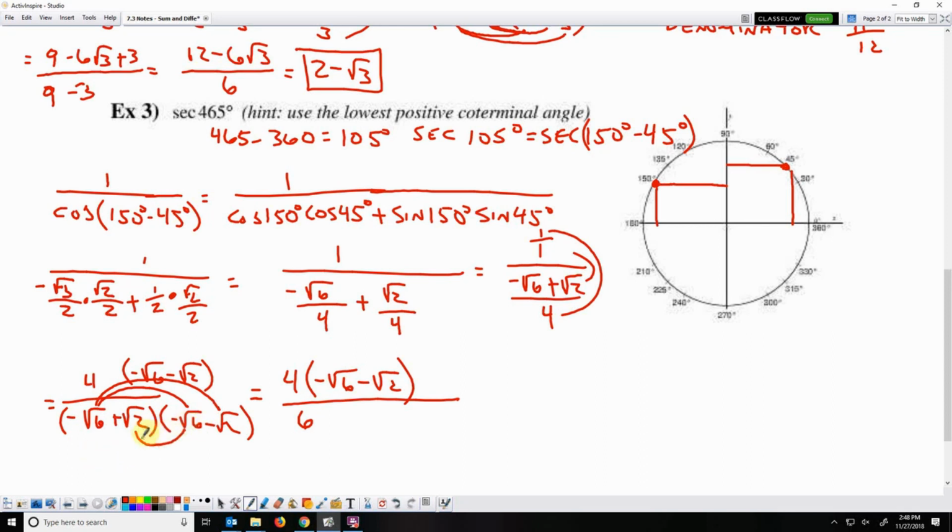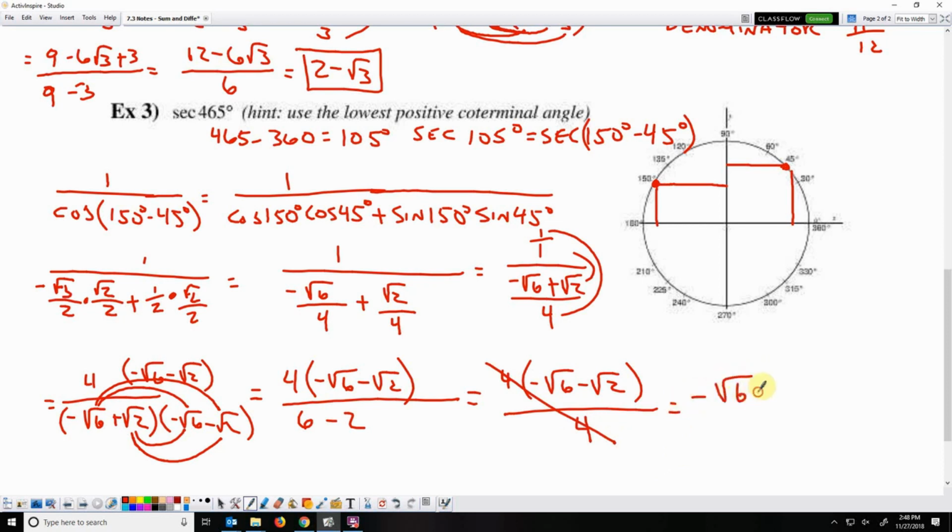So that's why I'm multiplying by the conjugate, to cancel those out. And then root 2 times negative root 2 is negative 2. So I've got 4 times negative root 6 minus root 2 all over 4. And those 4's cancel. Negative root 6 minus root 2.